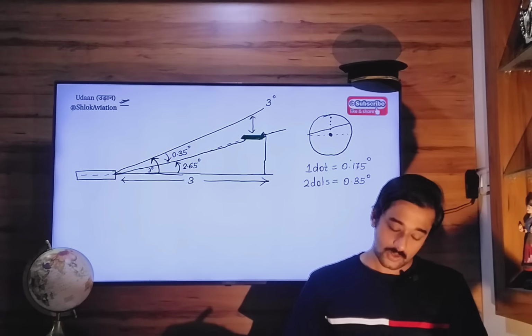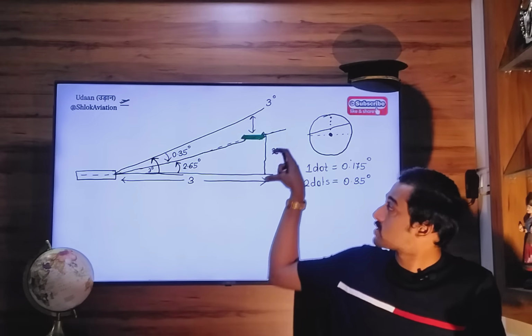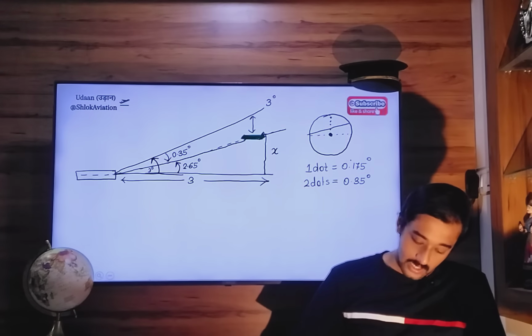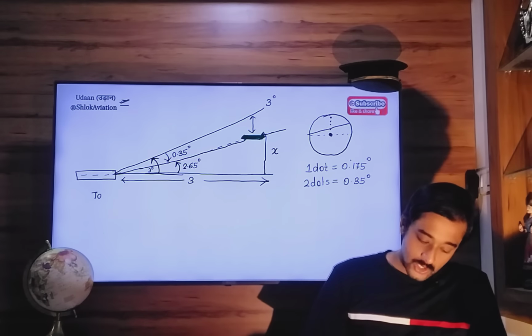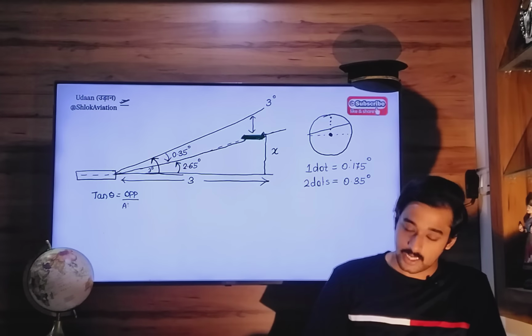So let's find out this vertical distance. Let's use this triangle and find out the vertical distance using tan theta. So tan theta is opposite side upon adjacent side.